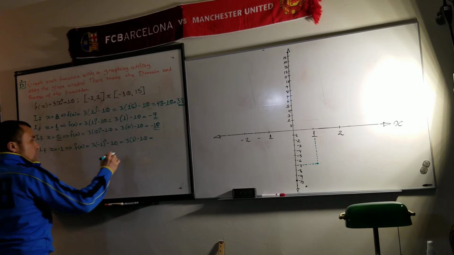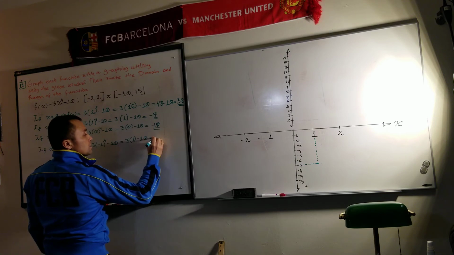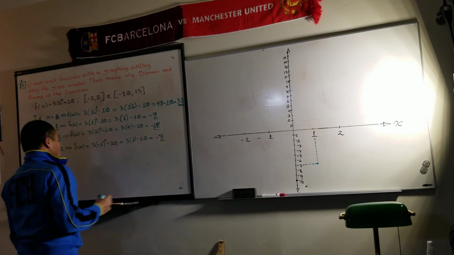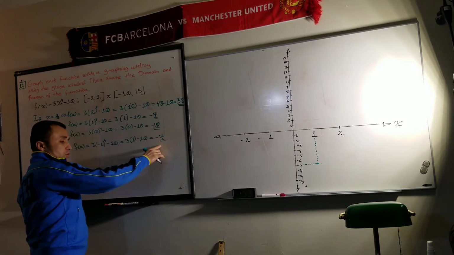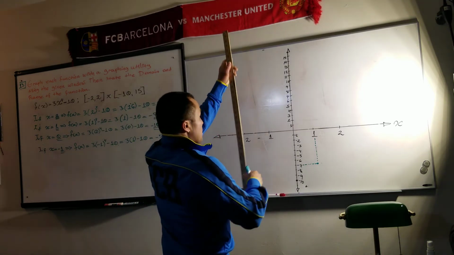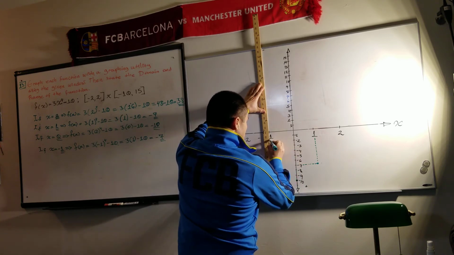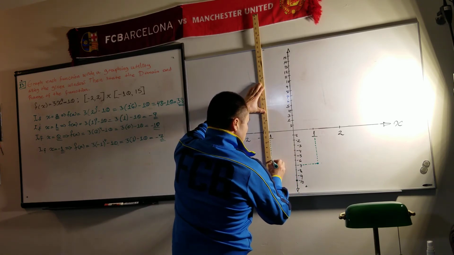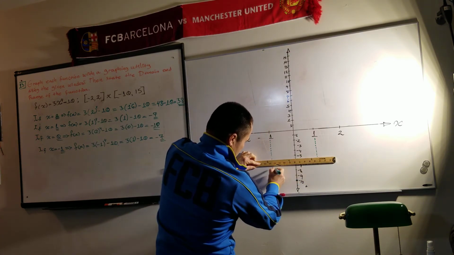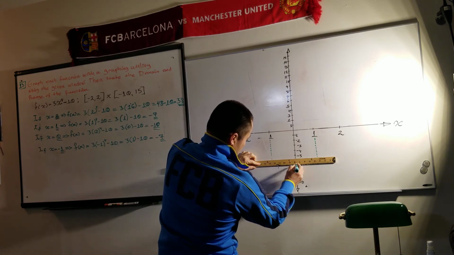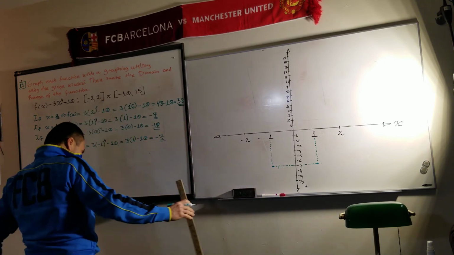And that will be equal to 3 times 1, that is 3, minus 10, that is minus 7. So if x is equal to minus 1, f of x or y is going to be equal to minus 7. So we have another point on the graph, (-1, -7).